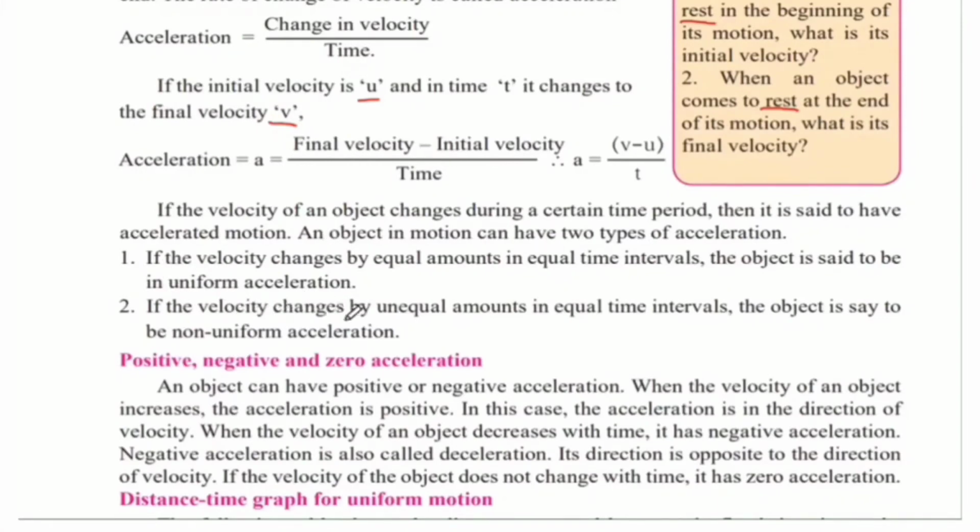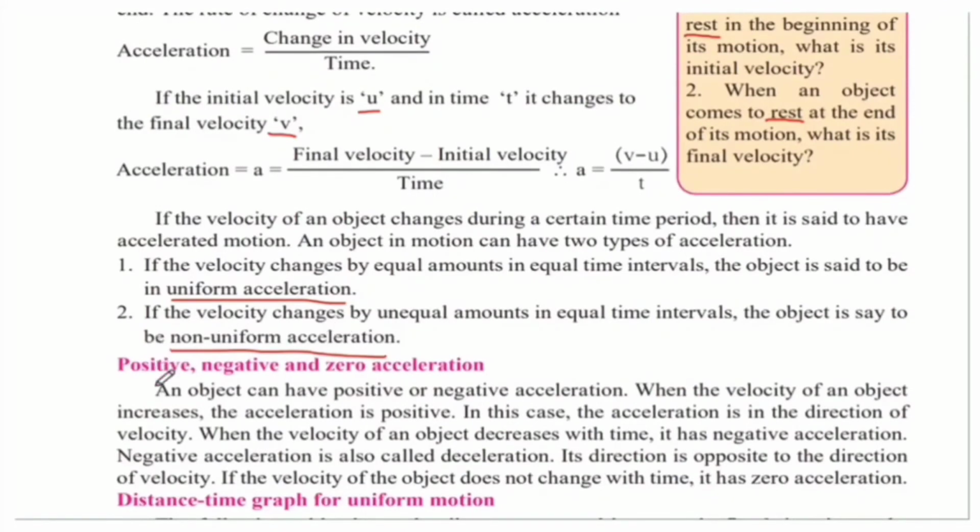If the velocity changes by unequal amounts in equal time intervals, the object is said to be in non-uniform acceleration. So, as we saw before with uniform velocity and non-uniform velocity, similarly with acceleration there is uniform and non-uniform acceleration. So, if the velocity was changing equal amounts in equal time intervals, then it was uniform. But if it was unequal amounts in equal time intervals, then it would be non-uniform acceleration.